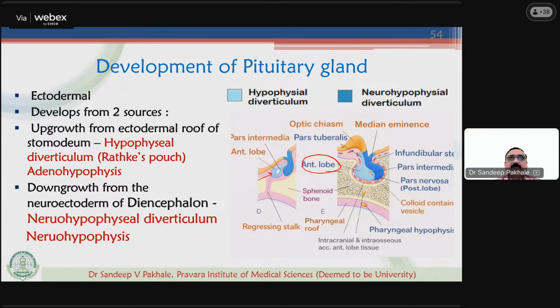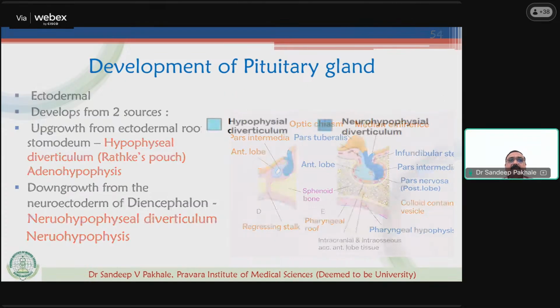The anterior pituitary or adenohypophysis arises from an upgrowth of the ectoderm from the roof of the stomodeum, which is known as Rathke's pouch or hypophyseal diverticulum.